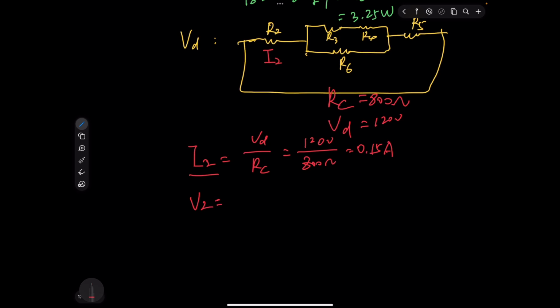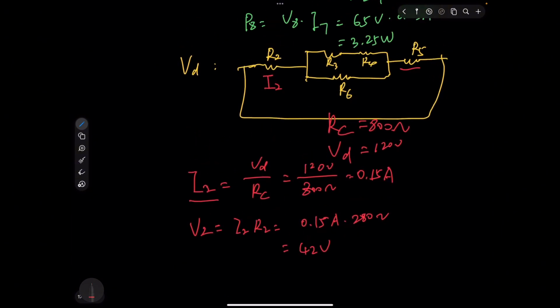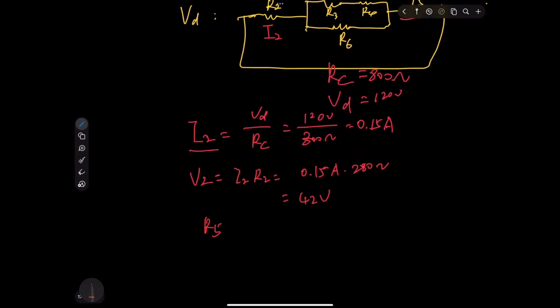V2 equals I2 times R2, equals 0.15 amps times R2, which is 280 ohms. So 0.15 times 280 is 42 volts. Same thing, we can get the voltage drop for R5, which is I2 times R5.